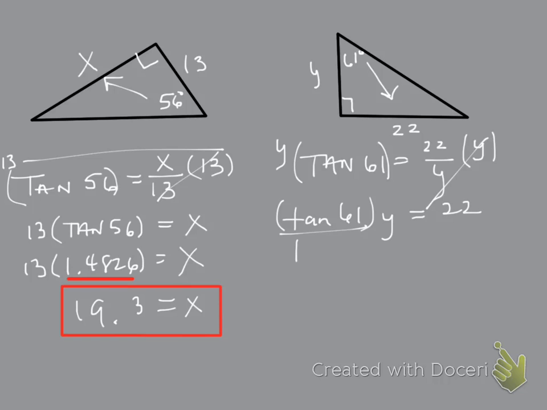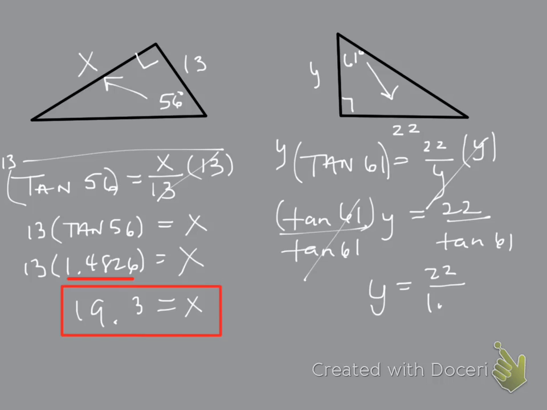Now I can simply divide by the tangent of 61 to cancel that out. Divide this side by the tangent of 61. And I have y equals 22 divided by the tangent of 61. Well, I can say 22 divided by, again, hit tangent of 61 in your calculator. And if you don't have your calculator, you can go into your textbook on 925, go to 61 degrees, and you'll find the tangent is 1.8040.